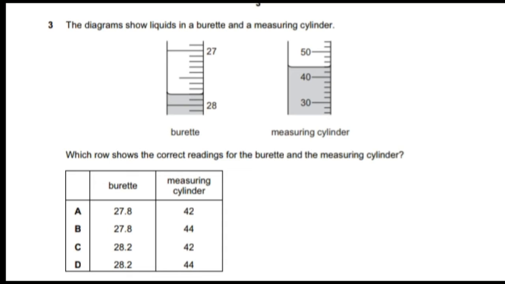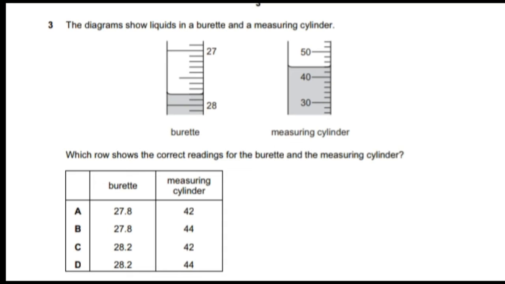Question number 3. Observe carefully the diagram given below and find the correct reading for the measuring cylinder and burette. The first one, burette. See the diagram, the numbers are coming from top to down, 27, 28. So the correct reading is 27.8.